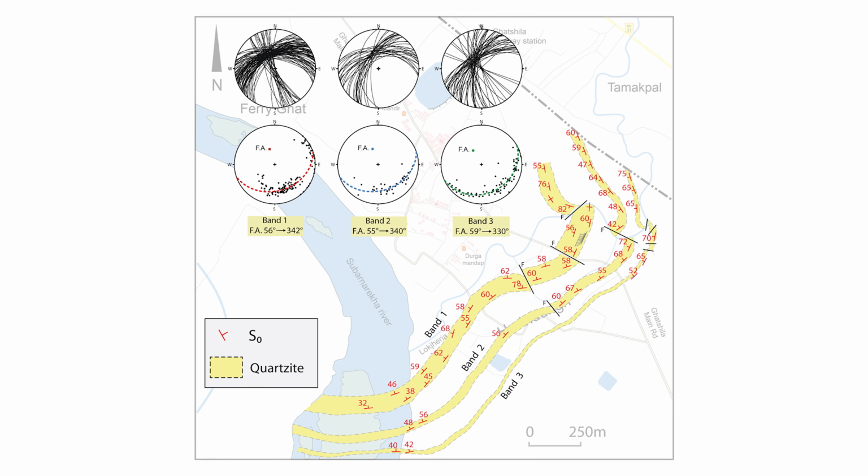We have equally practiced the same with the second and third quartzite band. So, you will see the map of the second and third quartzite band. We have done it by ourselves. We did not show you while we were doing it just because of the time constraints, but we followed exactly the same process the way we did it in the first quartzite band.